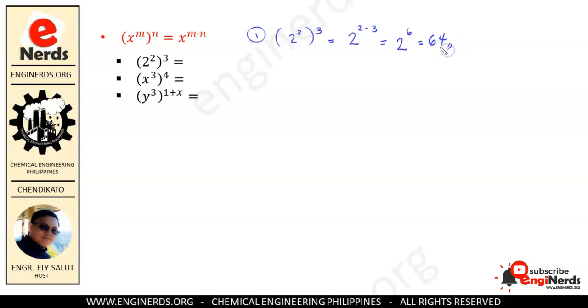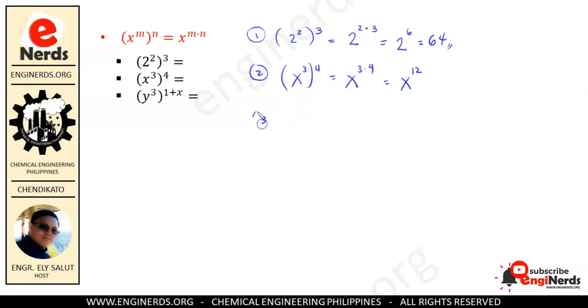So, that's our answer. Number 2, we have x cubed raised to the 4th, which is equal to x to the 3 times 4, which is equal to x to the 12.